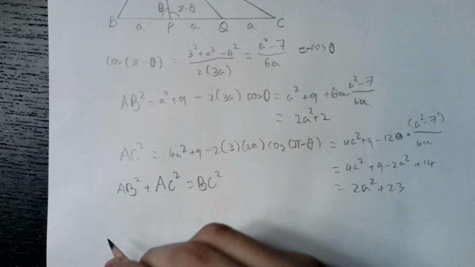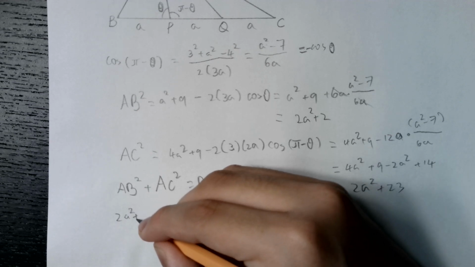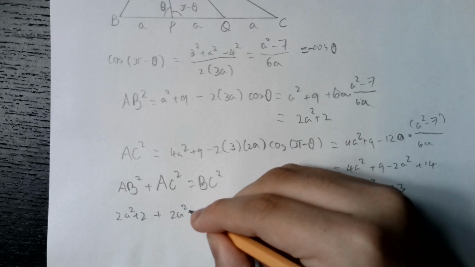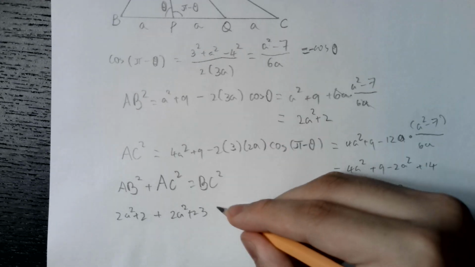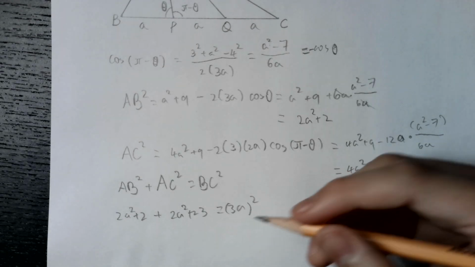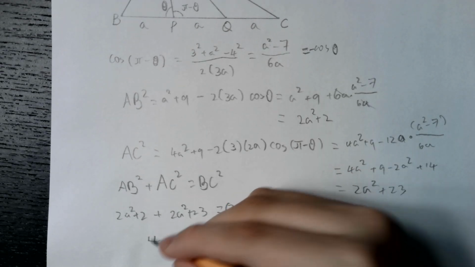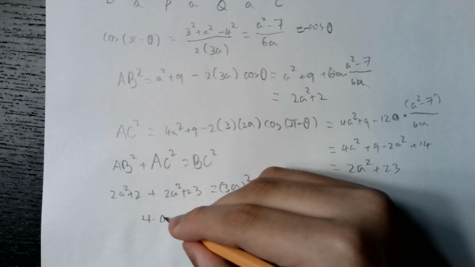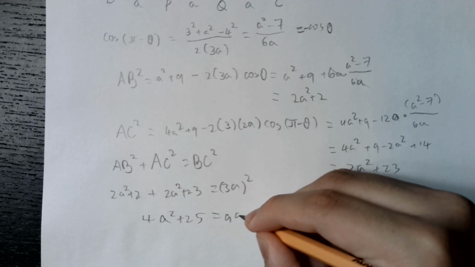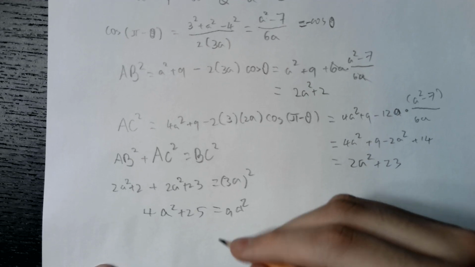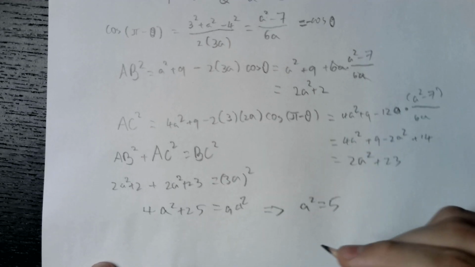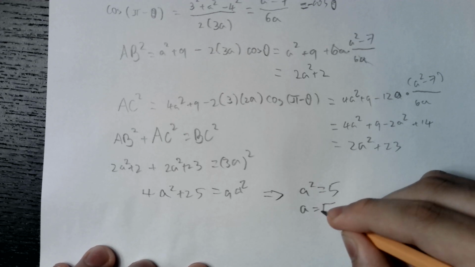So 2a squared plus 2, that's AB squared, plus 2a squared plus 23, that's AC squared, is equal to 3a in brackets squared. Adding these together, 4a squared plus 25 is equal to 9a squared. This means that a squared is equal to 5, so a is equal to square root 5.